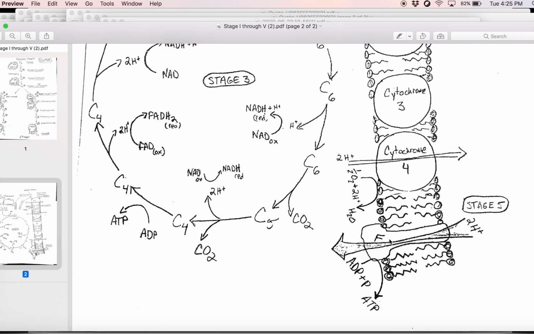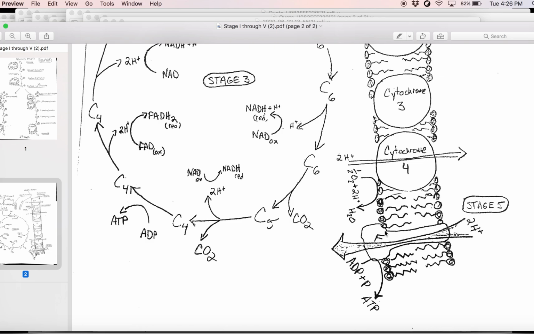Those numbers that are on the car are best case conditions, and the number of 36 ATPs made per glucose is best case scenario. If the cell is doing other things, like it's synthesizing stuff, or the cell is a little bit leaky, has a little bit of problem with its membrane, it won't get a total of 36 ATPs.